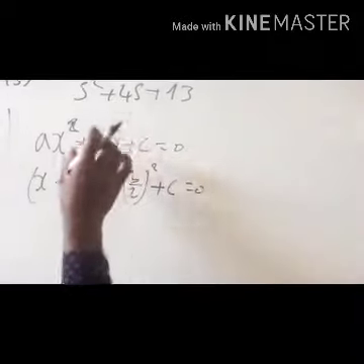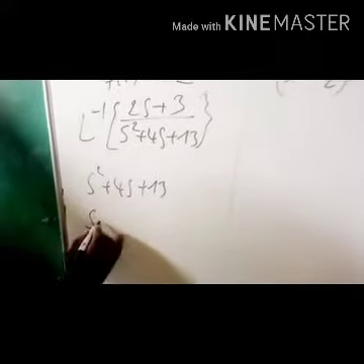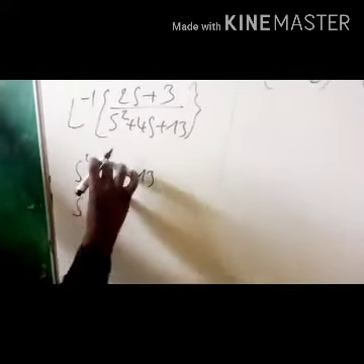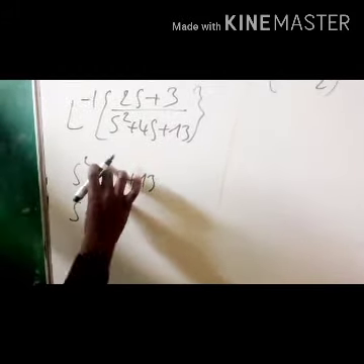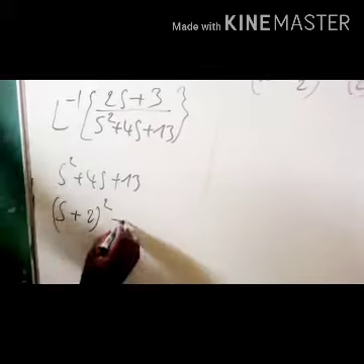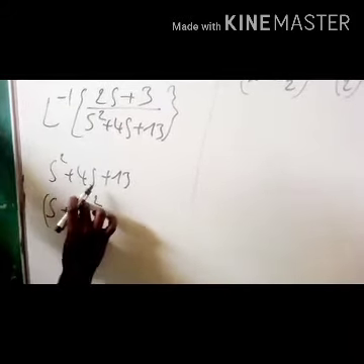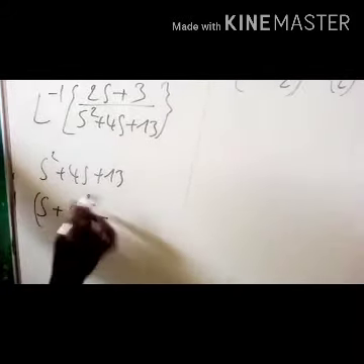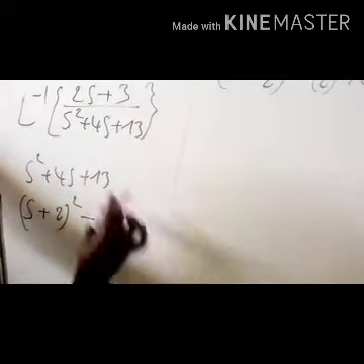We are going to transform this form into this. Here we get s plus b over 2, with b equal to 4, so 4 over 2 gives 2, power 2, minus 2 power 2, which is 4, plus 13.